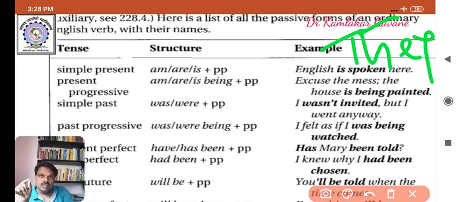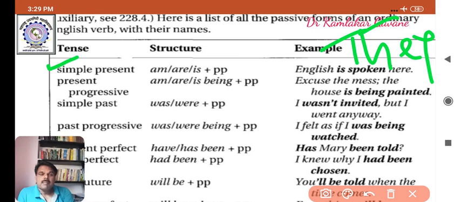In these kinds of writings, passive voice constructions are used, and hence it is useful to study active voice and passive voice conversion.